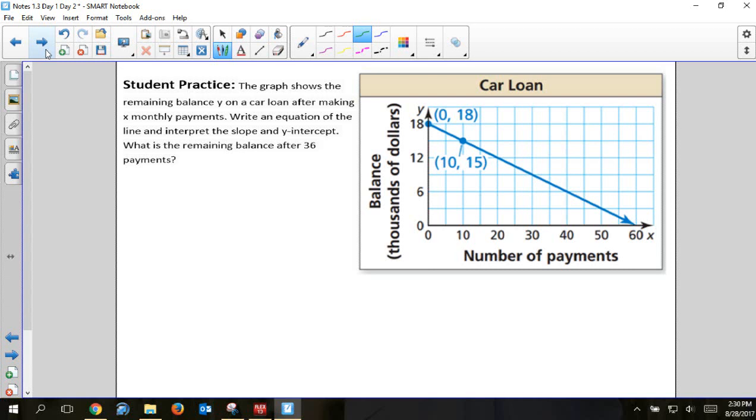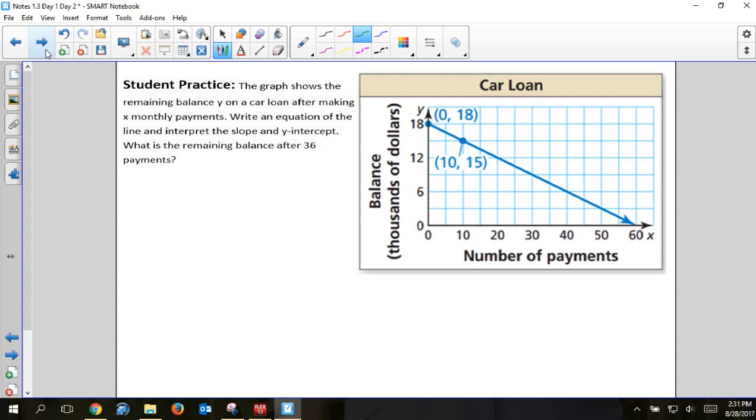This car, I don't know how much the car costs, but my loan was for how much money? $18,000, right? Because it says in thousands of dollars, and it hits at 18. So our loan is $18,000, not $18. You need a loan for $18? I don't think you should be buying a car. Do something else first.